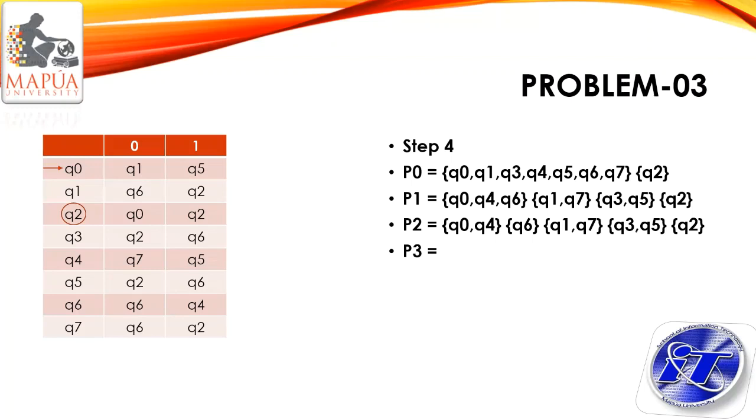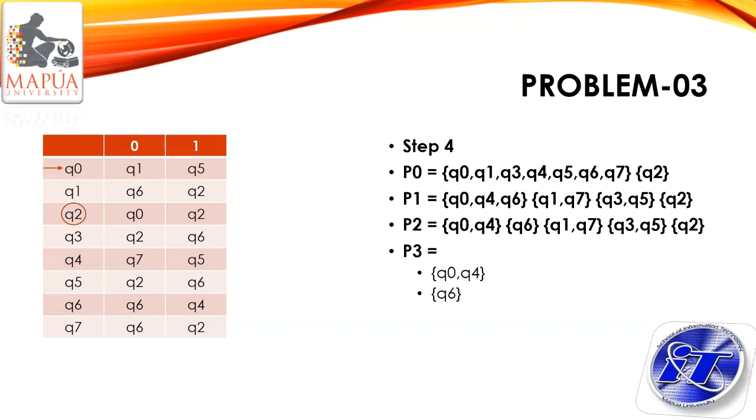Now let's proceed with equivalence 3, in case we can further separate the states currently grouped in equivalence 2. Let's start with Q0 and Q4. Q0 goes to Q1, Q5, third group, fourth group. Q4 goes to Q7, Q5, third group, fourth group. Same behavior, so Q0 and Q4 still belong to the same group.